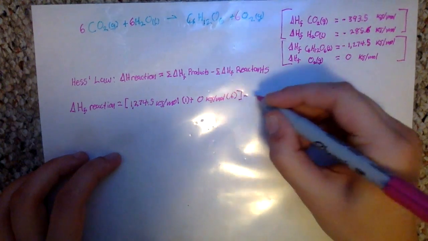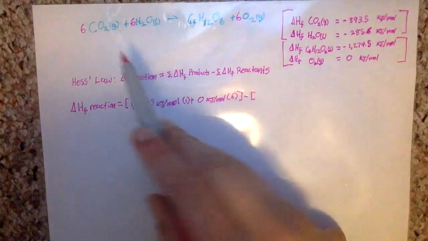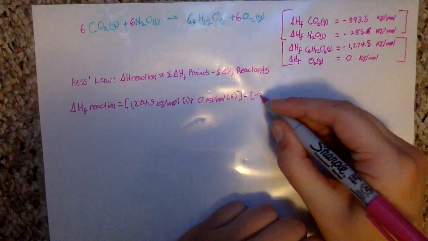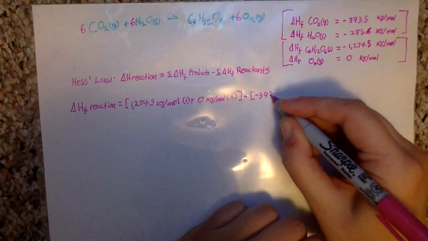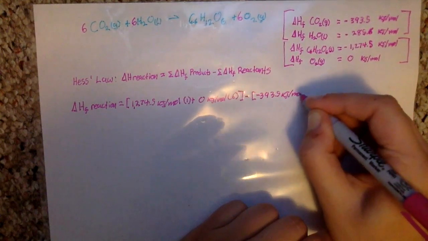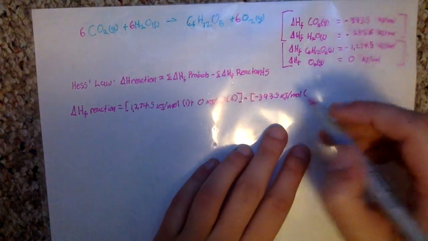So now we're going to subtract our reactants. And first, we have our CO2, and so we see here that that is negative 393.5 kilojoules per mole, and then we are going to multiply that by the number of moles.